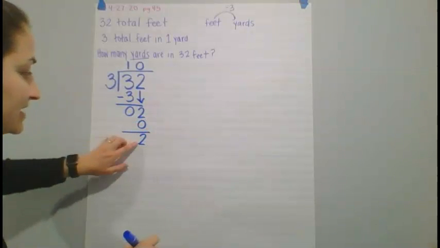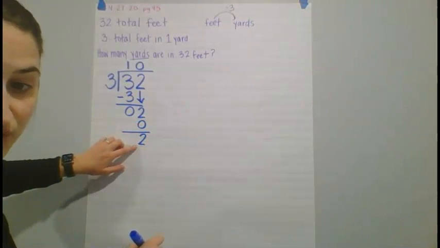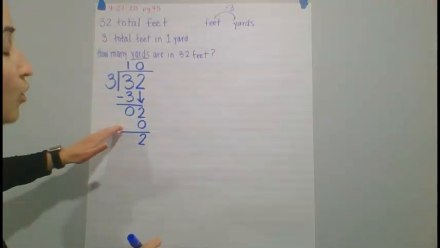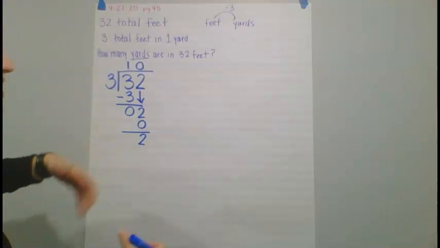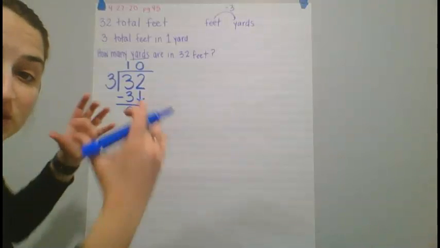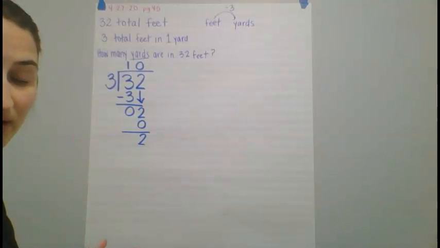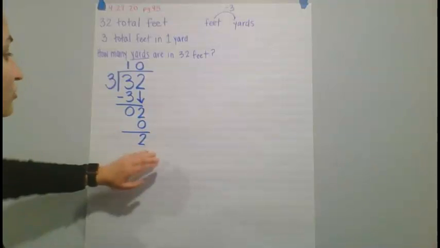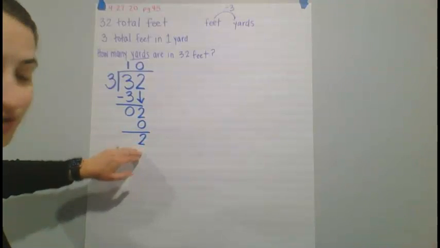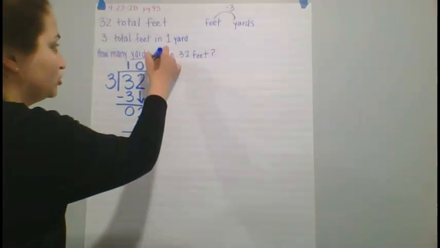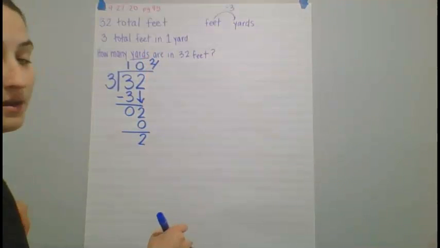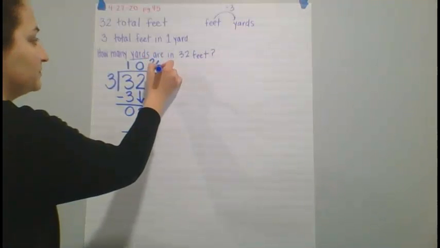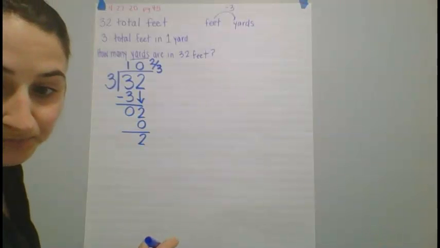We subtract and we get a remainder of 2, or we want to make sure we're using up the entire amount of space. So this would be a great opportunity to turn this into a mixed number where my 2 becomes my numerator and my 3 is my denominator.